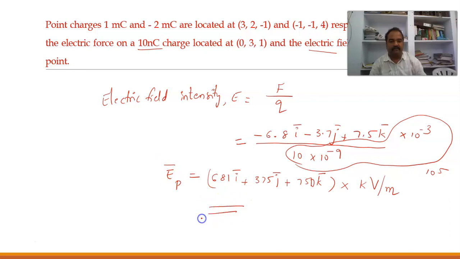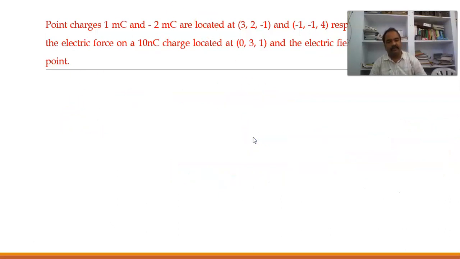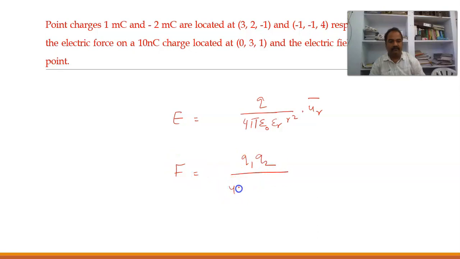So this is the way we are going to solve this type of problems. The equations we have employed here are very simple. It is E is equal to Q by 4 pi epsilon naught epsilon R R square into u_R, and the other equation is force.